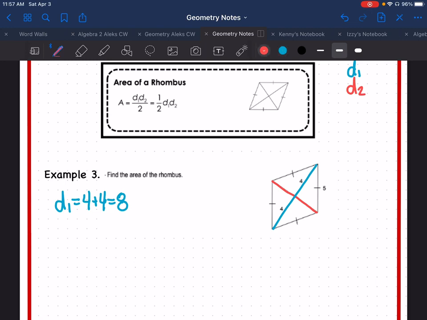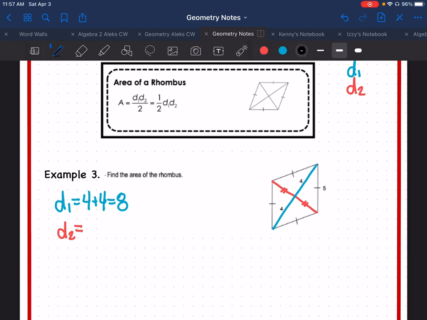D2, however, I've got to remember some properties about my rhombus to help me find it. Just like in D1, where the two pieces of the diagonal are equal, this also happens in D2. So these two pieces are equal, as the 4 and the 4 were in the blue one.